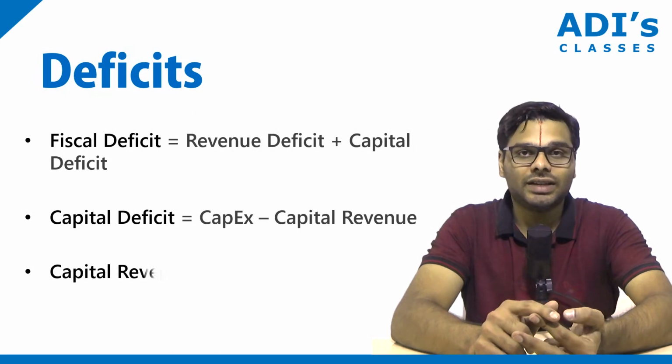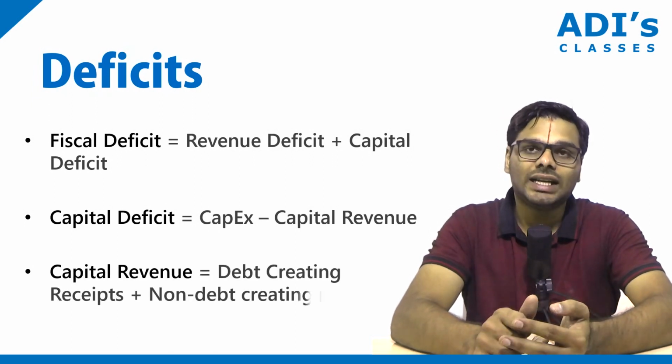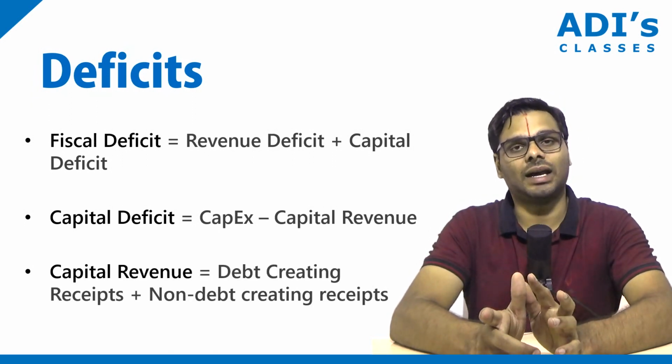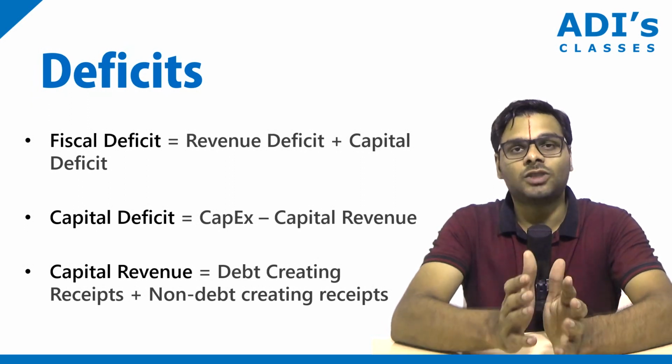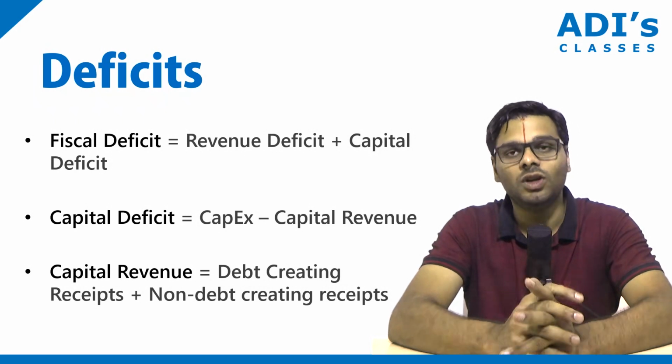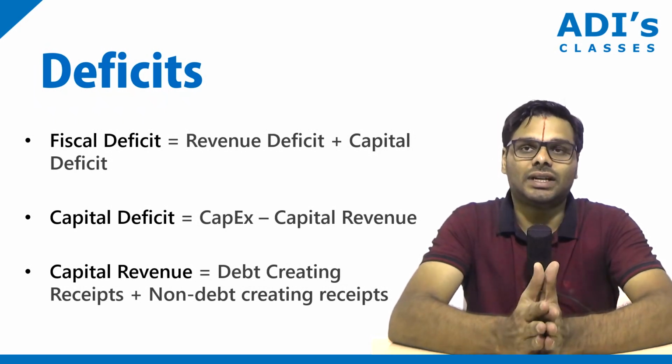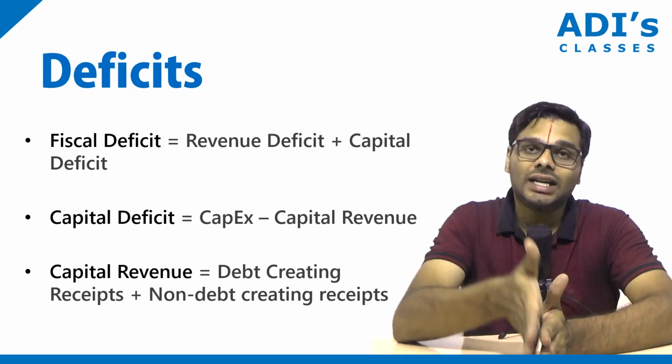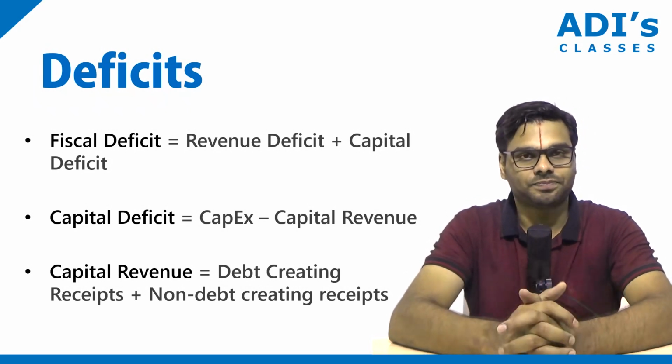Now, capital revenue is equal to debt creating receipts plus non-debt creating capital receipts, right? So, this is what we have to understand. Capital revenue is equal to debt creating capital receipts plus non-debt creating capital receipts.